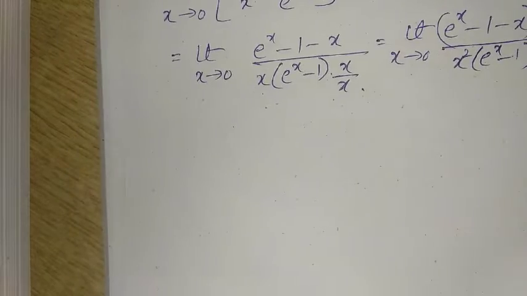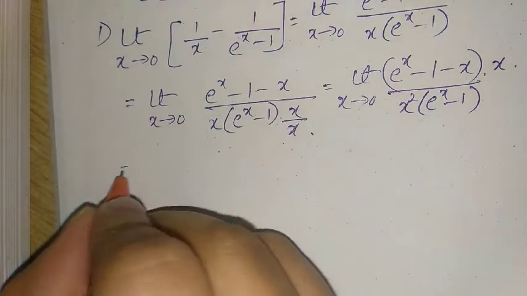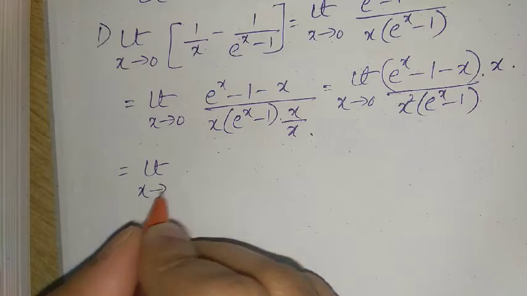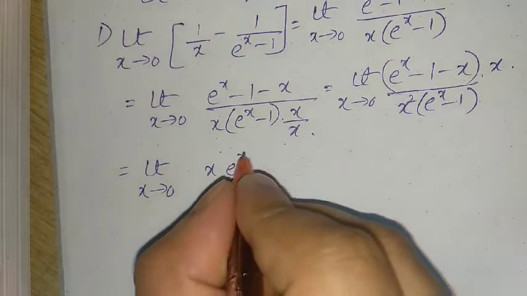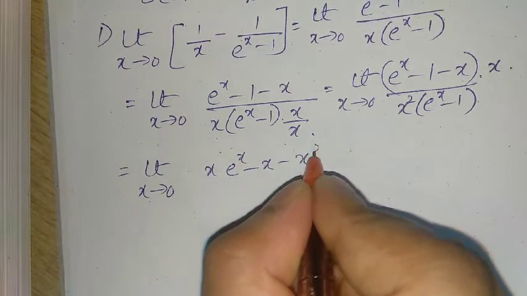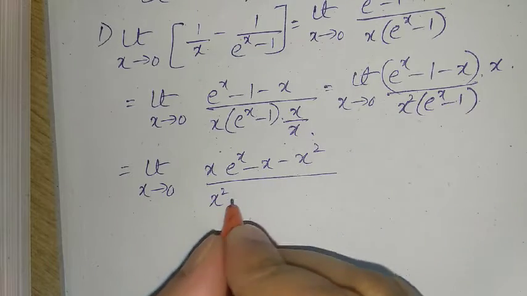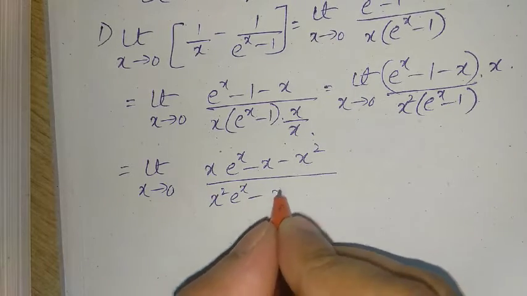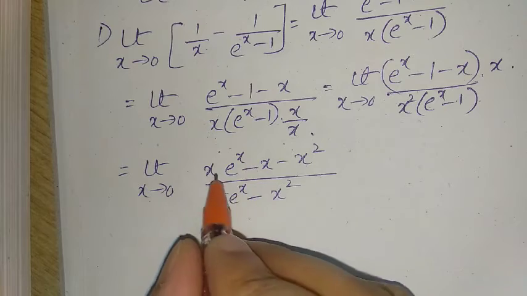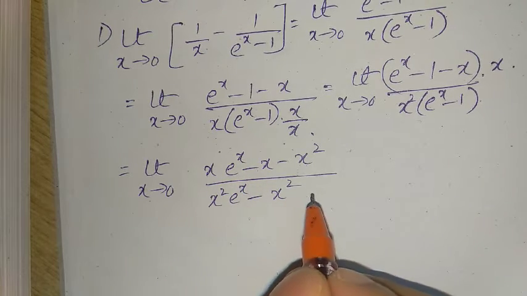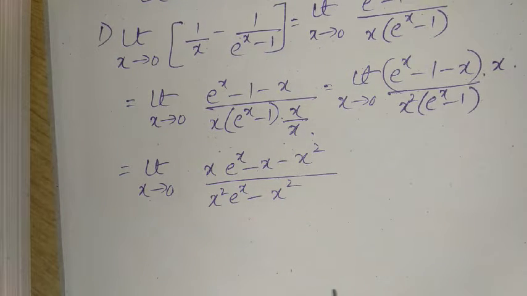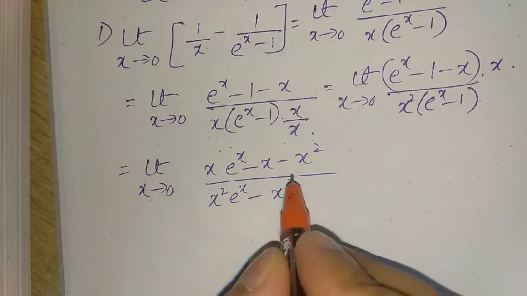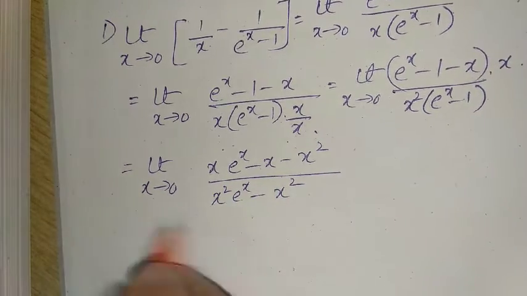Okay, after this we will expand it: x e to the power x minus x square divided by x square e to the power x minus x square. Okay, so if you see, this is nothing but 0 by 0 form, so we will use L'Hopital's rule.